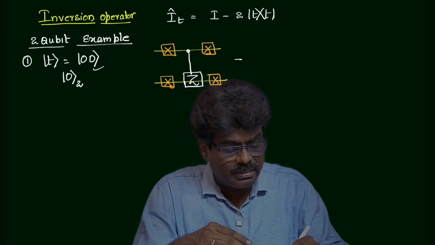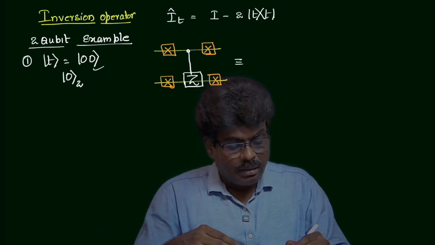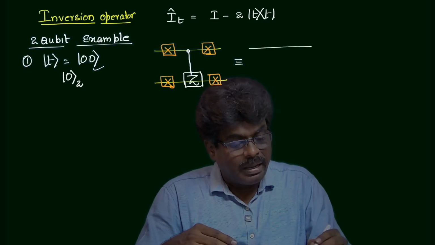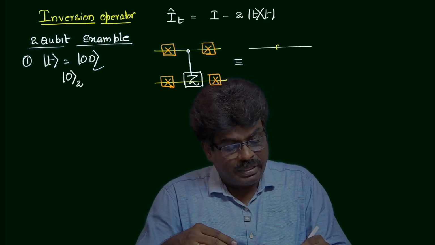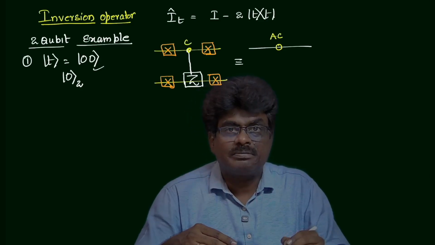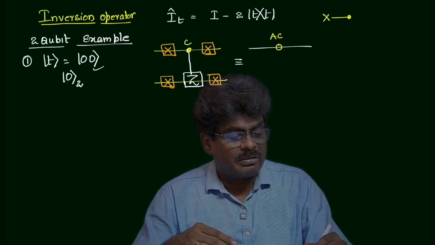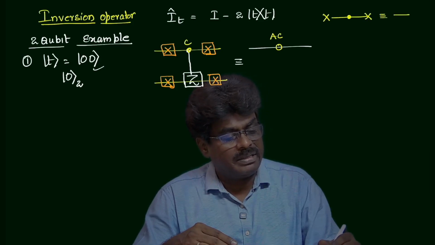And this is nothing but, we can write it as anti-control. So here this is the control, okay, and here is the anti-control, because X, control, and again X is nothing but anti-control.